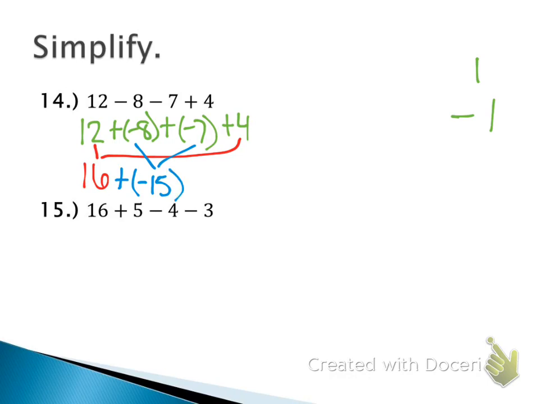That gives me negative 15. When I combine those, so 16 plus negative 15, what do I get? Well, we know we get a 1. We all agree on that. Which one of these numbers has the bigger absolute value? 16. And 16 is positive. So our answer is positive.